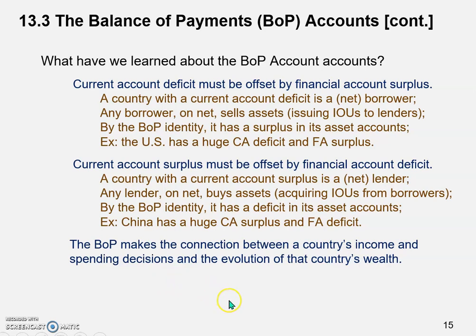Okay, or vice versa, if the country is running a current account deficit, that's probably their spending decisions, right? They spend more, and then on the income side, they have to sell their financial assets, right?